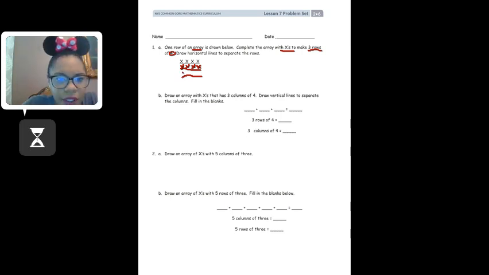Now let's see, we have 1, 2, 3, and 4. So now I have 1 row of X's, another row of X's, and then a third row of X's. So we have 1, 2, 3 rows of how many X's in each row? That's right, we have 4 X's in each row. Good job.